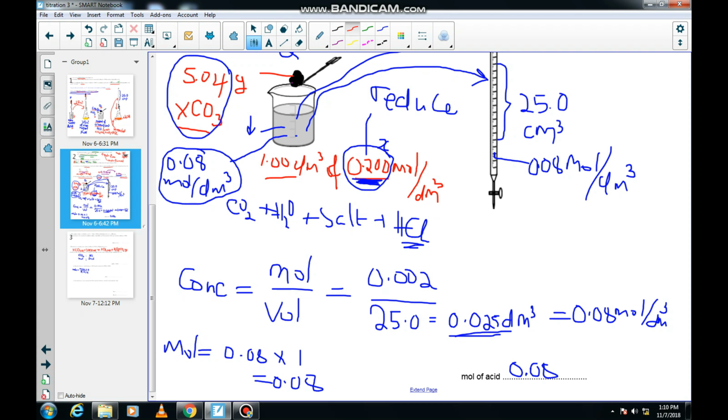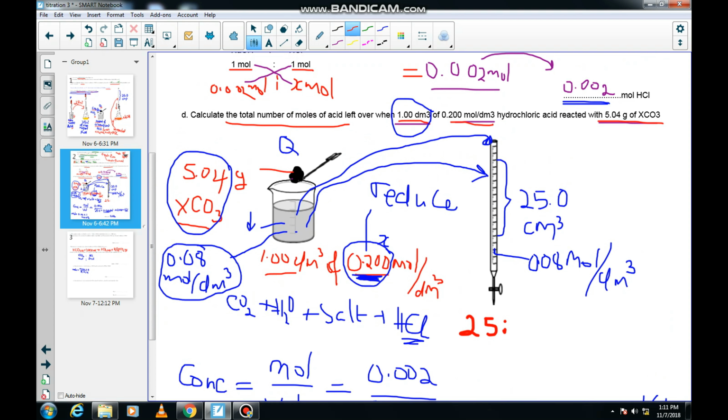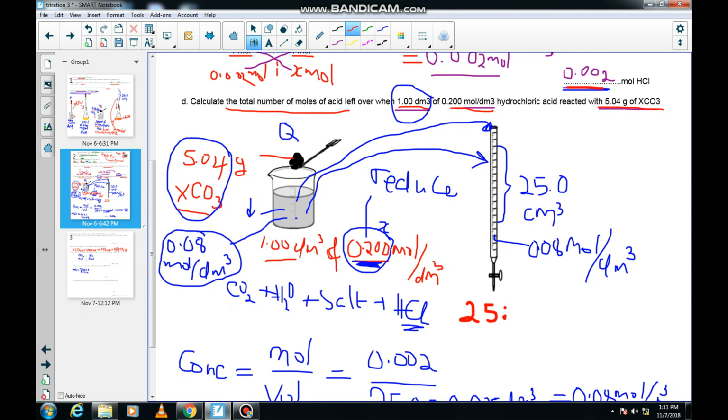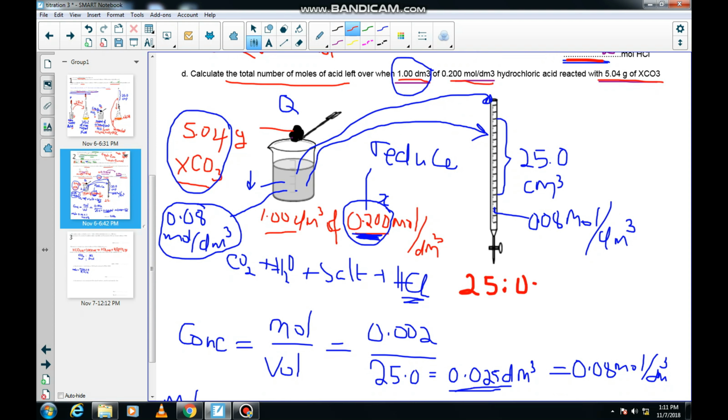Another way of doing this question is to say the 25 cubic centimeters of solution in the burette is found to contain 0.002 moles.